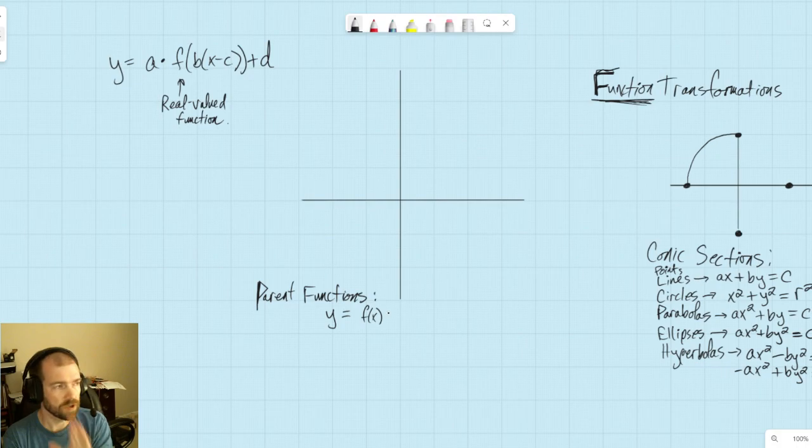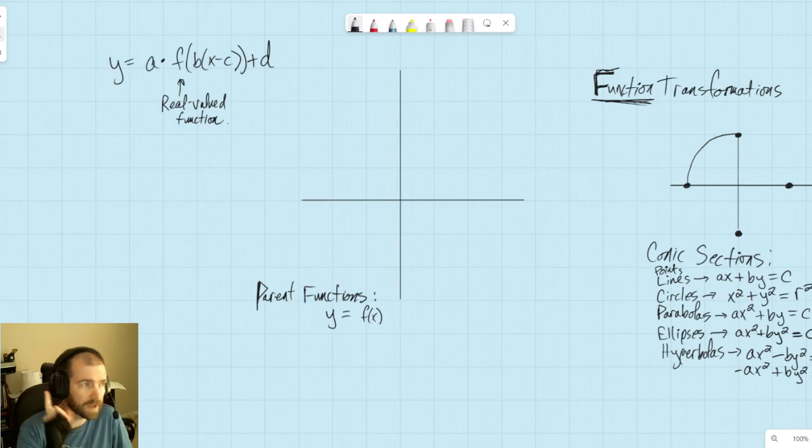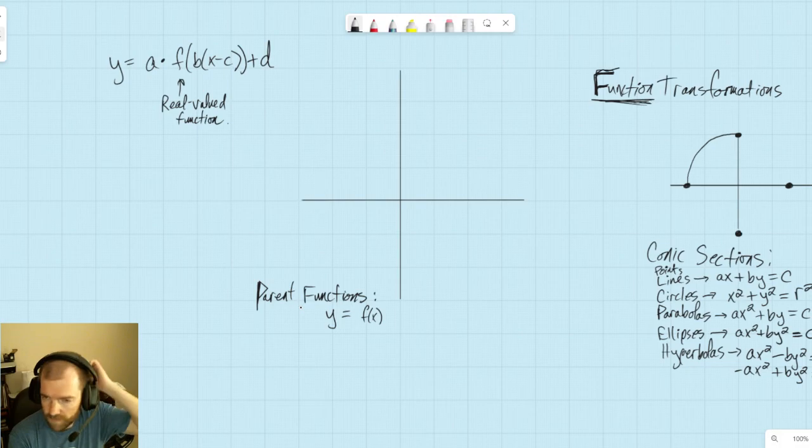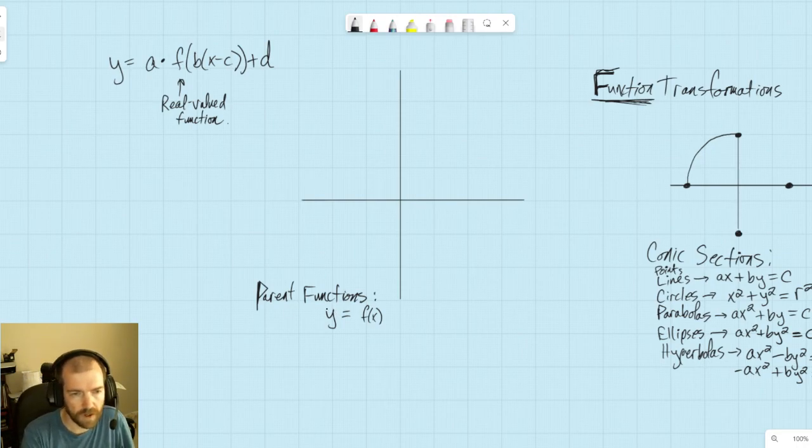So you're going to do something to it. You're going to do something to x, which is going to be one thing and one thing only. And all of the categories of things you can do to a function will be their own separate category.